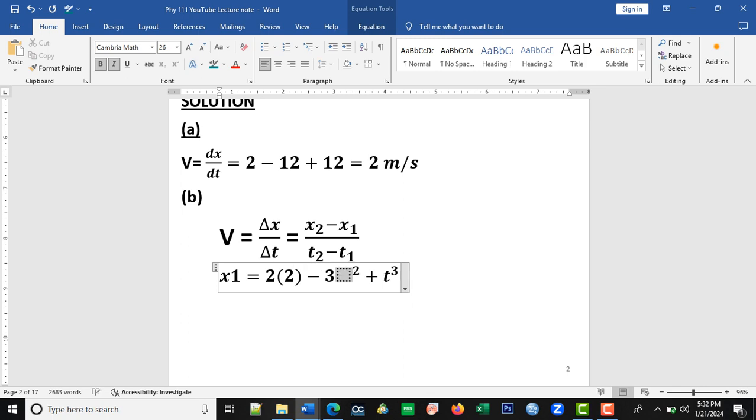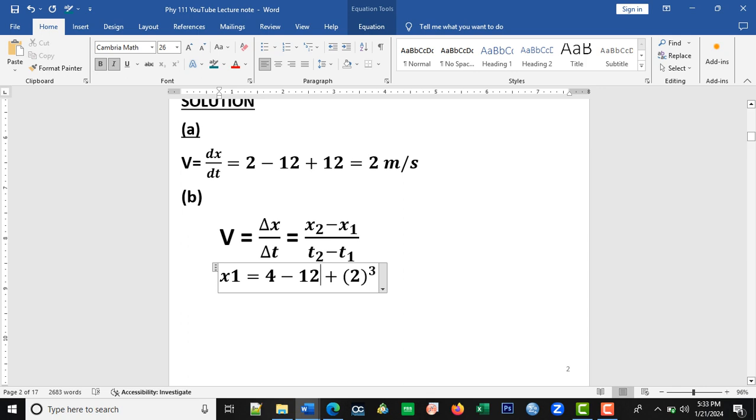I do the same thing to this one. So when you simplify this, 2 times 2 is 4. 2 squared is 4. 4 times 3 is 12.